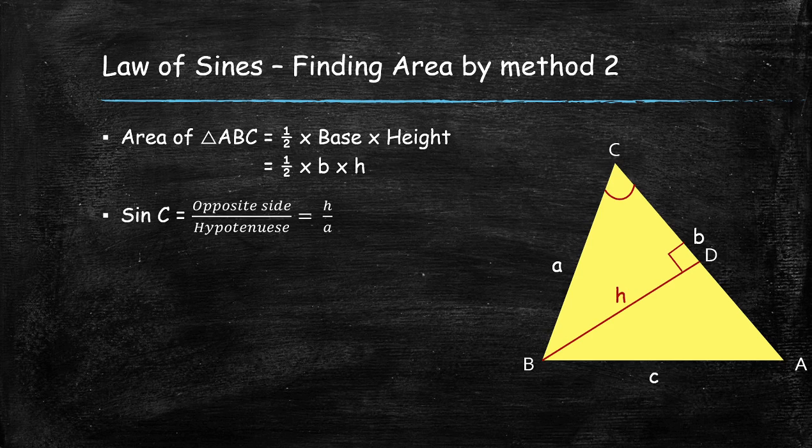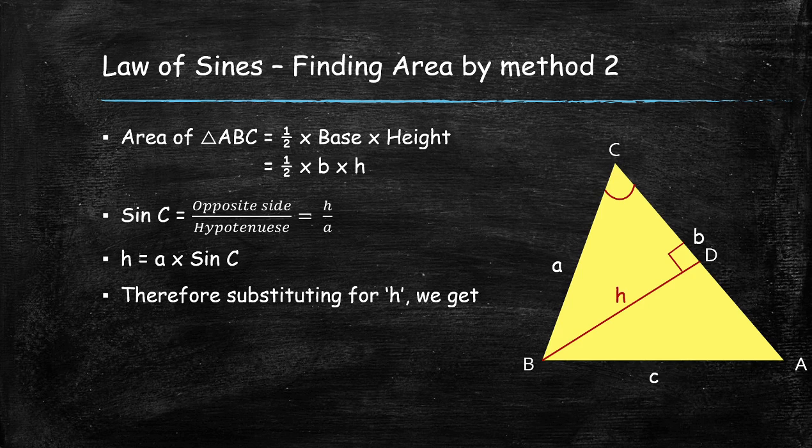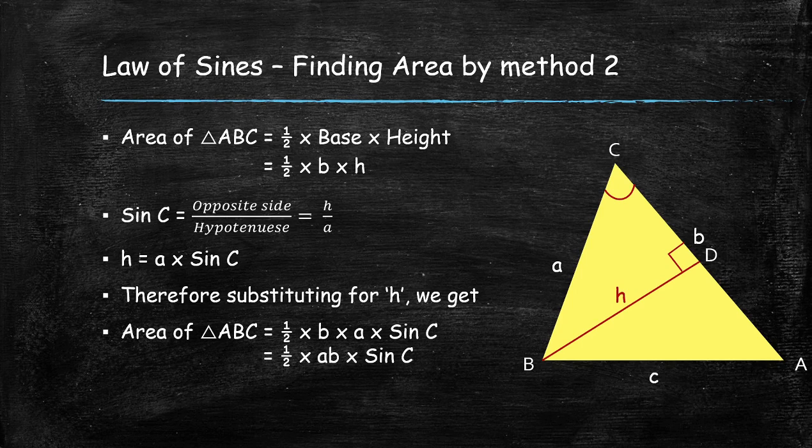So sine C is the opposite side, which is H, over the hypotenuse, which is A. Now if we transpose A to the other side, we get the height as A into sine C. So here also we substitute for H. We get the area of triangle ABC as half into B into A into sine C, half into AB into sine C.